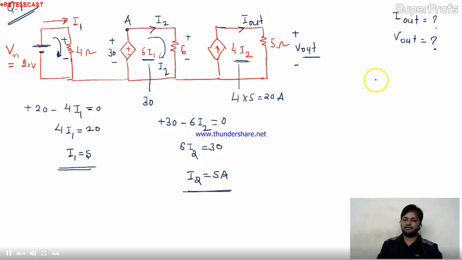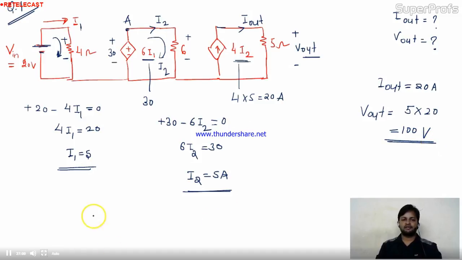So I out is directly 20 ampere. Is it correct? Now can you find V out? Simple. You have the current and the value of resistance also. 5 into 20 is 100 volt. This is your solution.